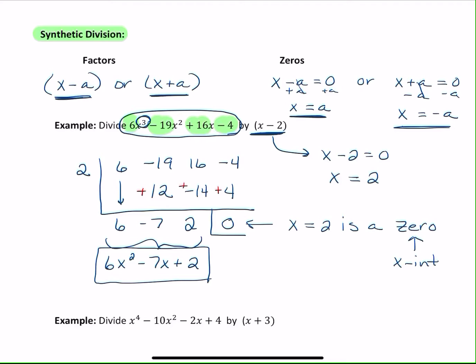So also another thing, if there's no remainder, if I take my divisor or my factor and multiply it by 6x squared minus 7x plus 2, you will get back your original dividend. So that's just a couple things to keep in mind as we move on.